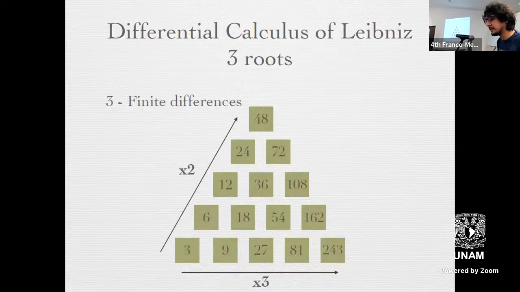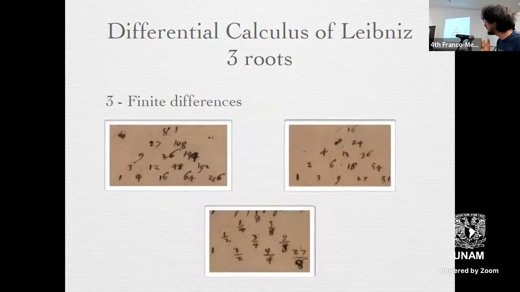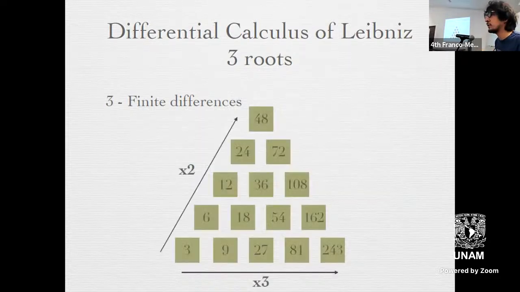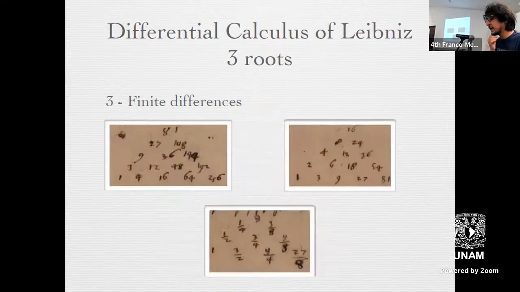And so you can invert the triangle and obtain another triangle with other properties. You find it in a very early draft of Leibniz, which is from the first year of his Parisian stay.